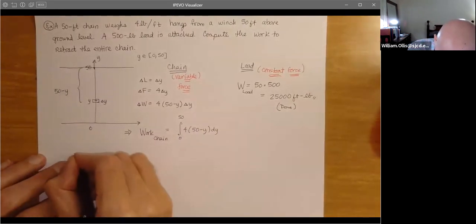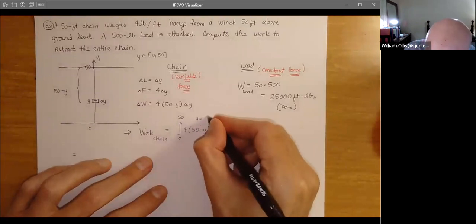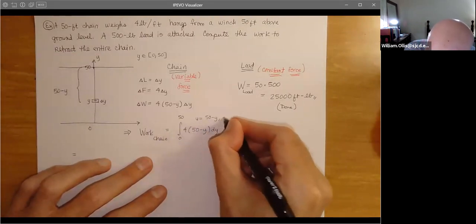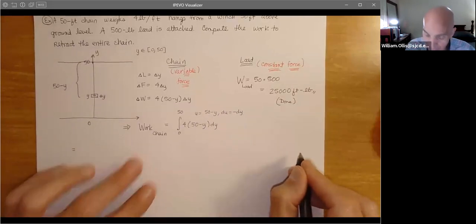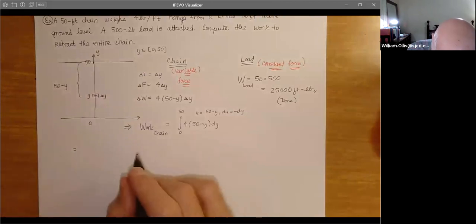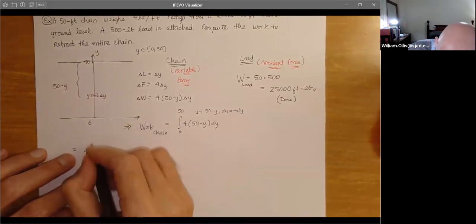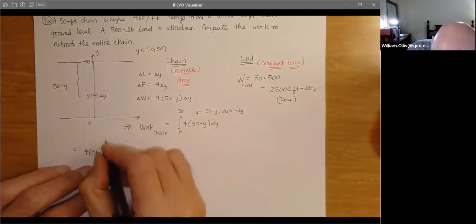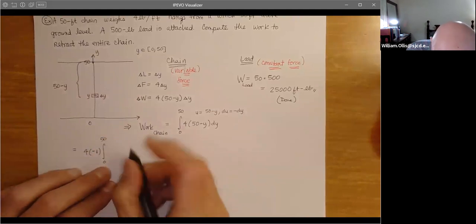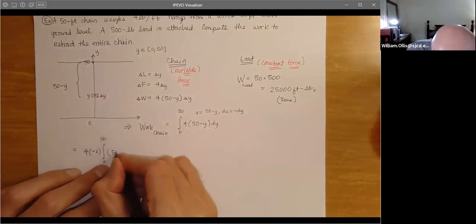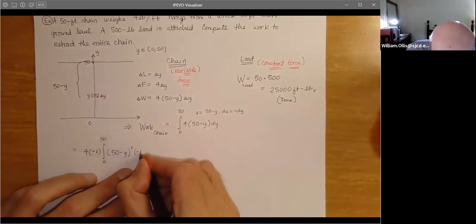So that looks kind of familiar, right? So u, our friend, 50 minus y, du equals negative dy. So we can rig that to make it table ready. So we'll factor the 4. So we have 4 and a negative 1, 0 to 50. And then we have 50 minus y to the first power, negative 1 dy.